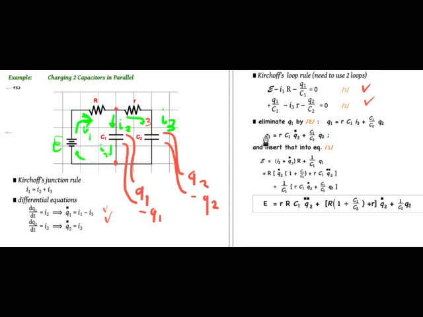Now Q1 dot is R C1 Q2 double dot plus C1 over C2 Q2 dot. So that's this first term on the right-hand side.